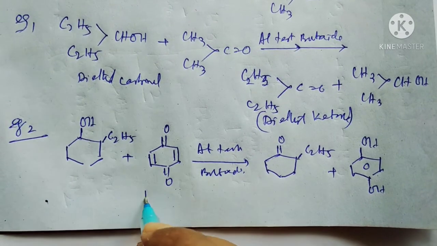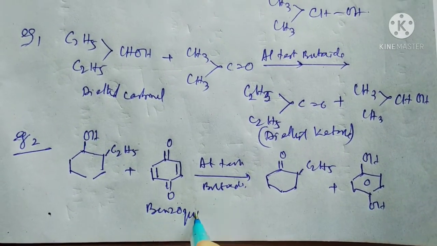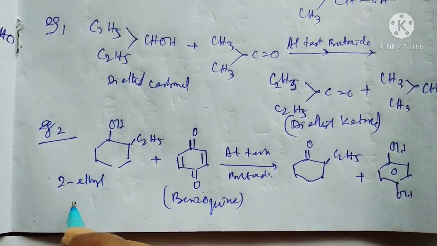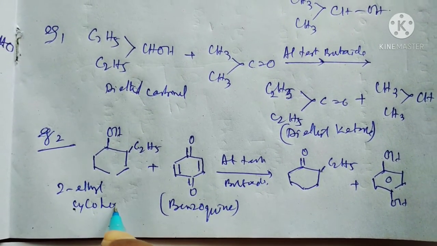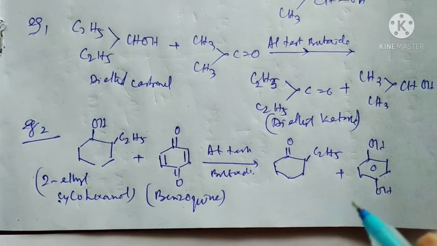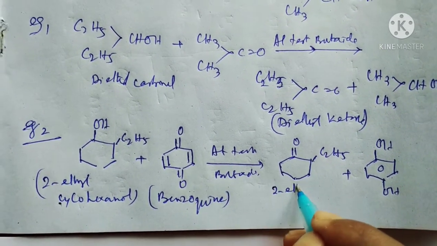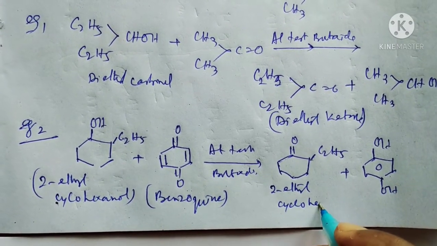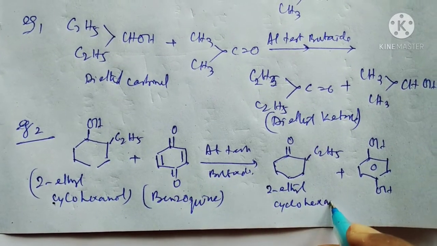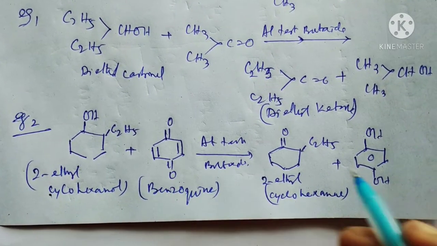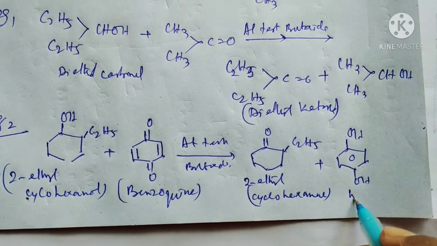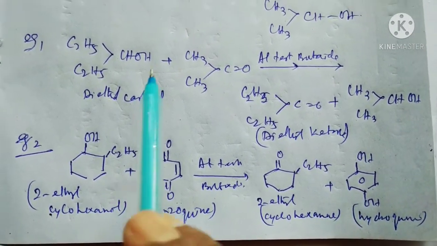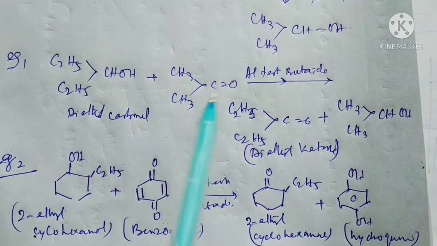So this one is our benzoquinone and this one is 2-ethyl cyclohexanol. 2-ethyl cyclohexanol forms 2-ethyl cyclohexanone, and this benzoquinone converts into hydroquinone. Okay students, so these are the two very good examples of Oppenauer oxidation.